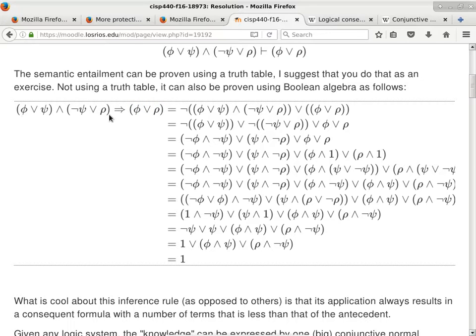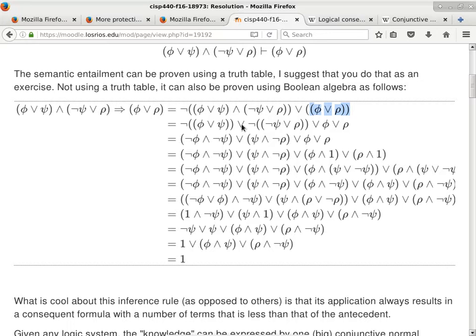You basically just say that this entire side is the left-hand side of an implication, so the negation of that becomes the first part, and then we have an or of the second part, just like that. And then since it's a negation, I can use De Morgan's law to turn the conjunction into a disjunction with the negation applied to the individual components.